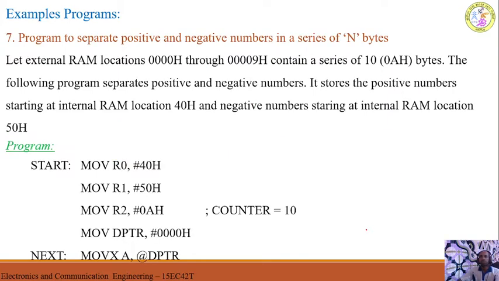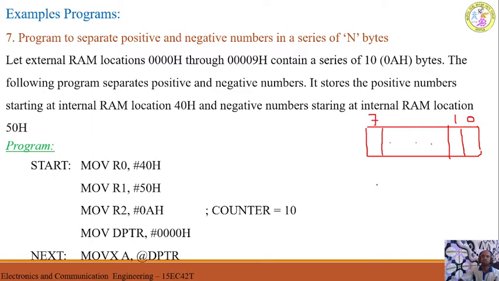Program to separate positive and negative numbers in a series of n bytes. So how to check whether a number is positive or negative? We always check its MSB. For example, let us assume this is an 8-bit number. This is the 0th bit, the first bit, second bit, third bit, and so on up to the 7th bit.